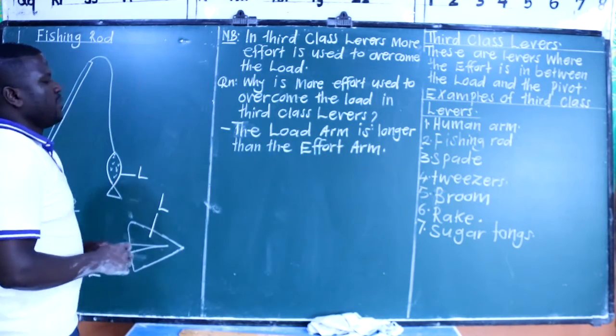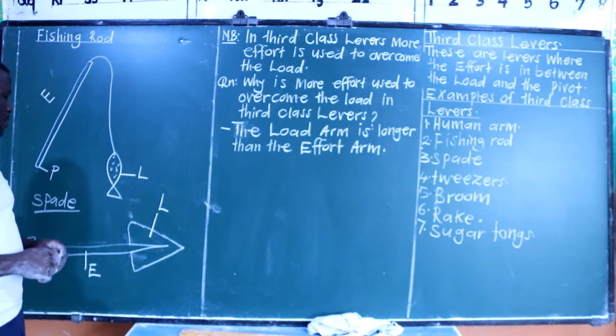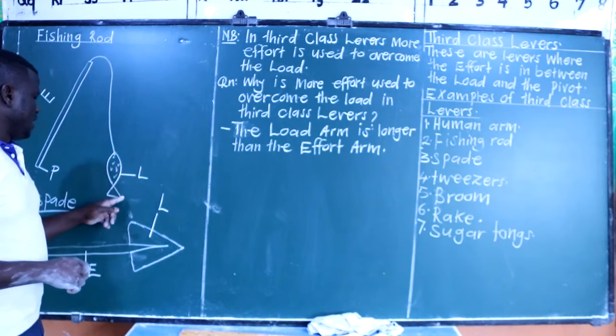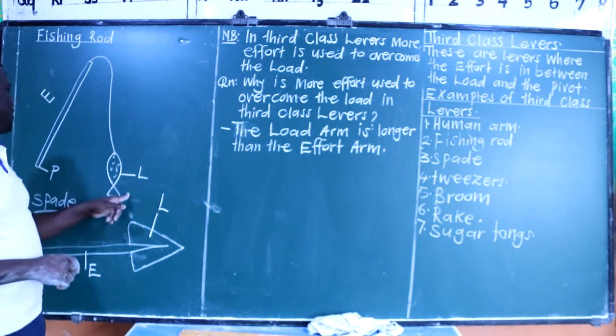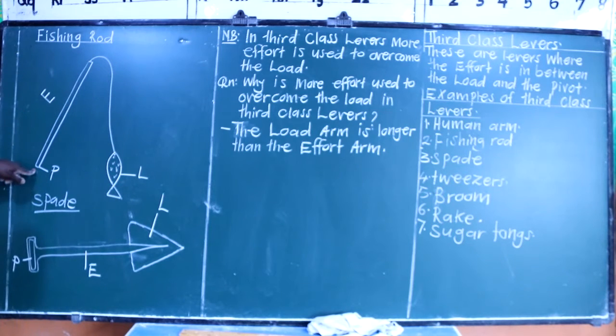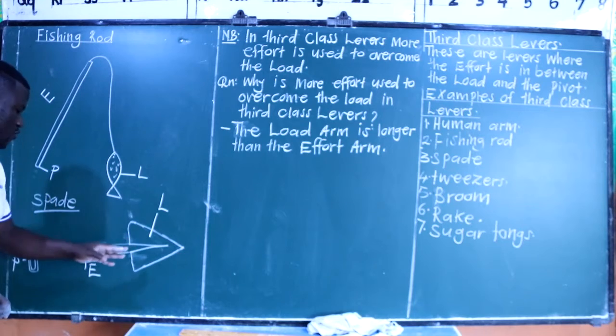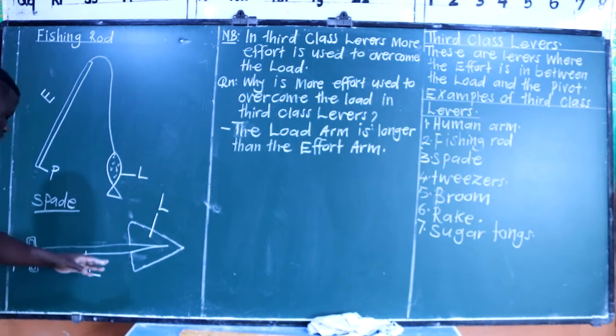The load arm is longer than the effort arm. You try to compare the distance from the load, which is the fish, up to the pivot. That's the load arm. Then the effort arm is just from pivot to effort. Even on a spade, the load arm is longer. Load to pivot, that is the load arm.